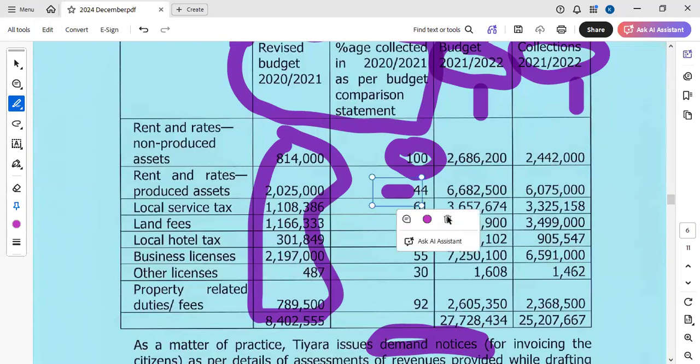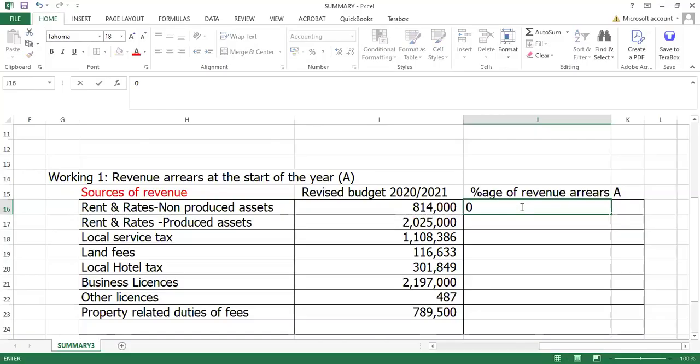If you corrected 61, the remaining percentage is uncorrected. So you simply get the difference. So here we don't have any percentage of revenue areas. You are not demanding anything.